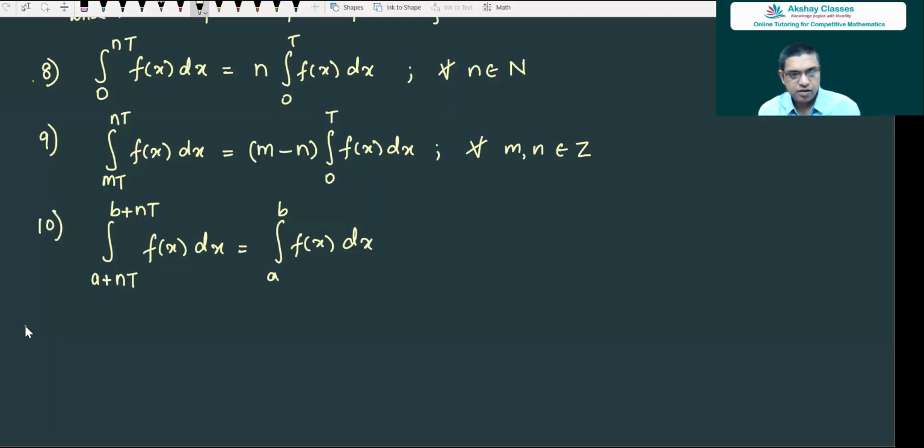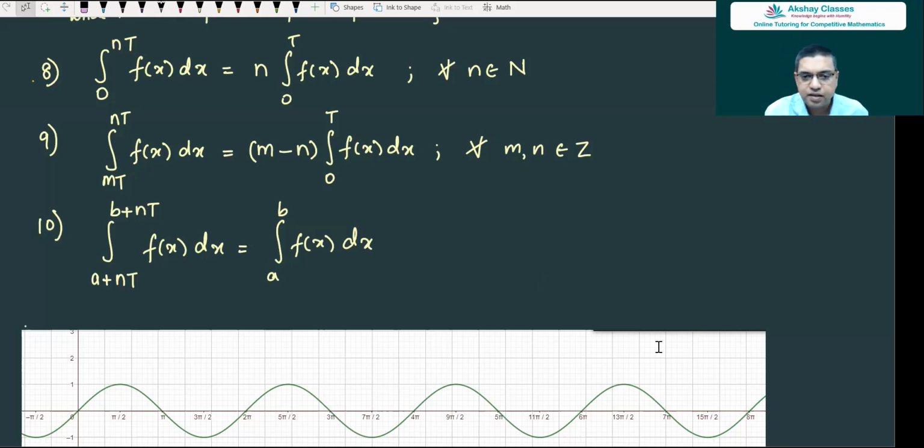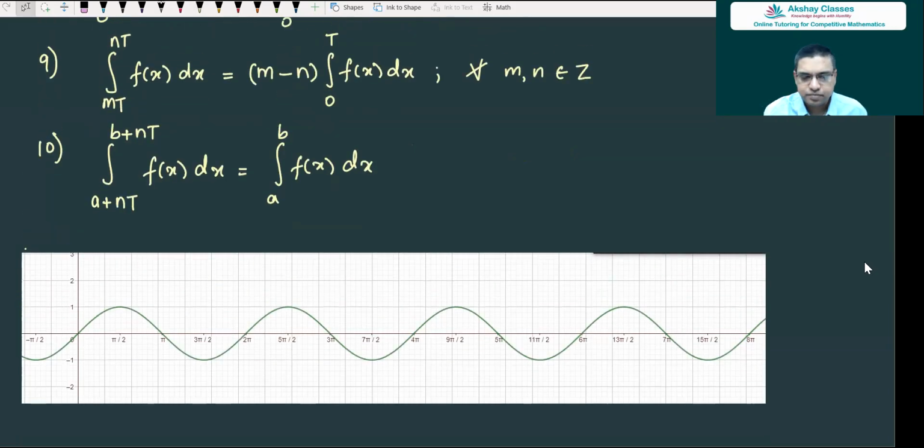We'll discuss all the three cases. Using the graph, it is easy to explain.